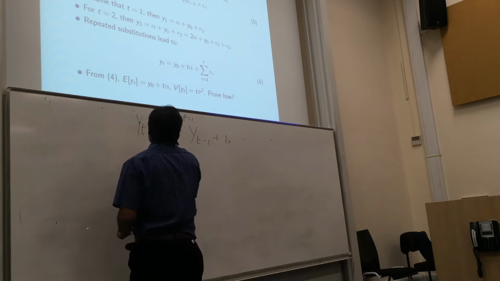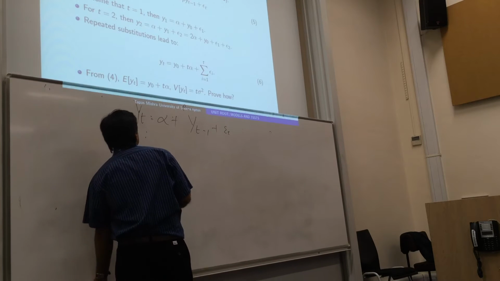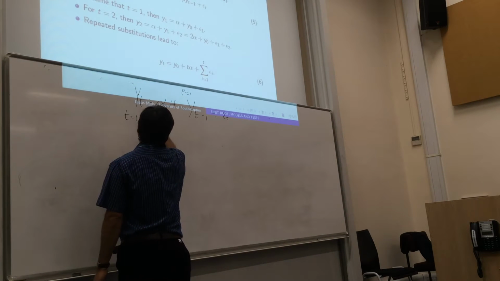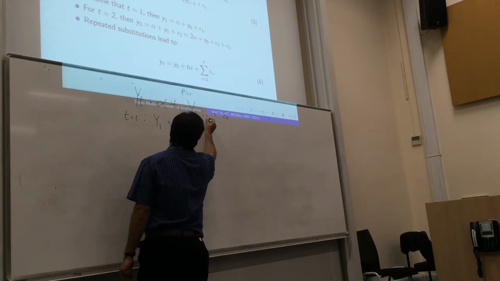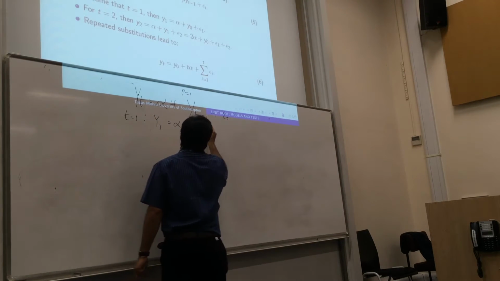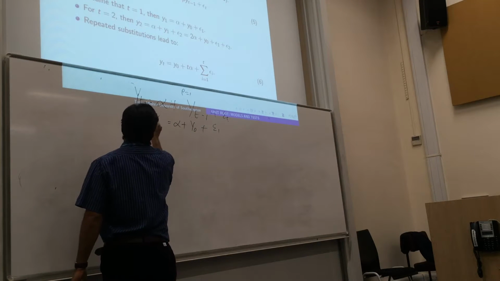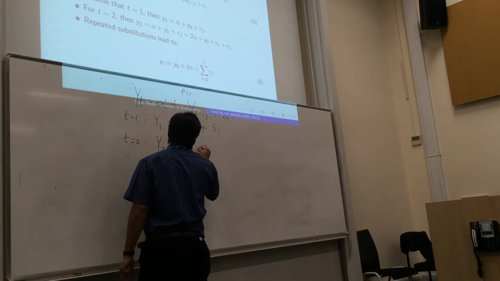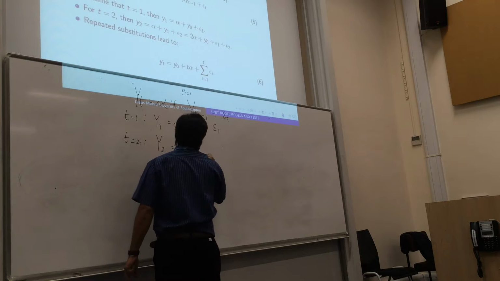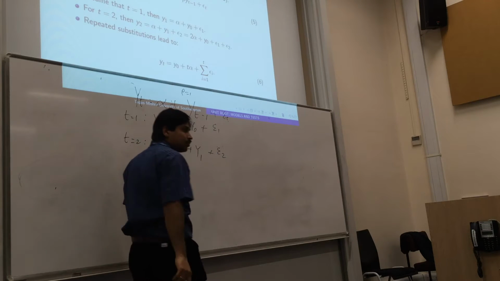Once again, say t equal to 1. In this case, just follow the logic. I write y1 equal to alpha plus y0 plus epsilon 1. Say t equal to 2. So I have y2 equal to alpha plus y1 plus epsilon 2.